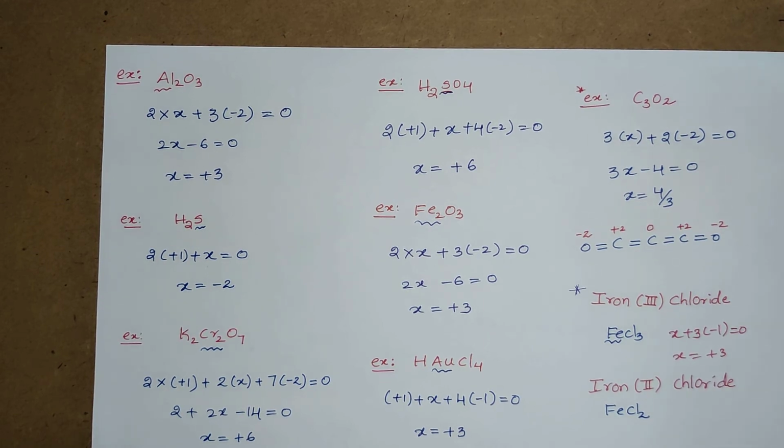For example, iron 3 chloride and iron 2 chloride. The Roman numerals indicate the oxidation state of iron in that compound. In iron 3 chloride, the oxidation state of iron is 3. In iron 2 chloride, the oxidation state of iron is 2.